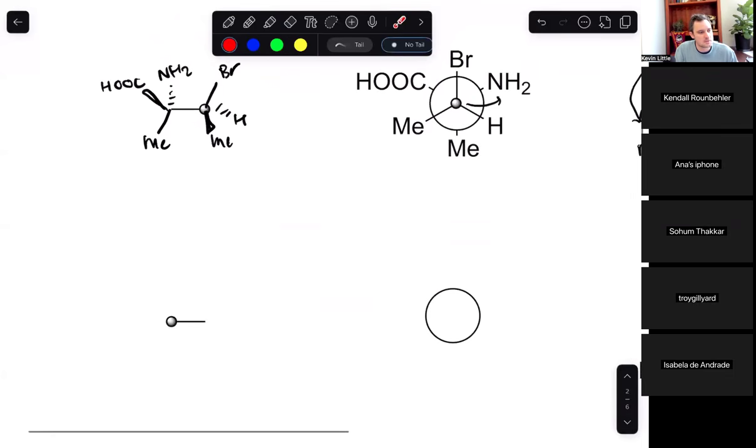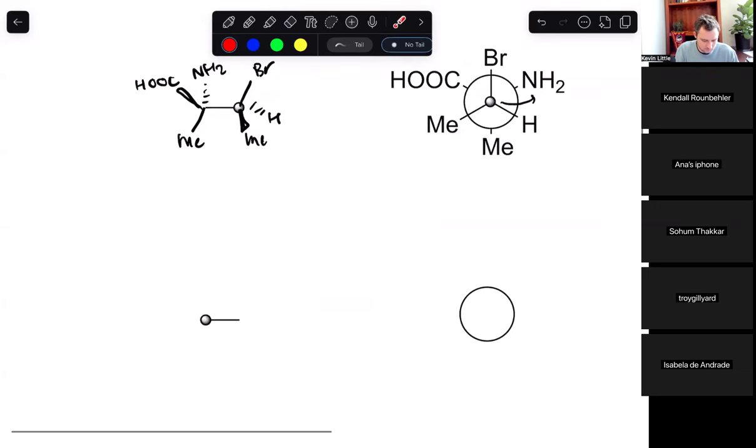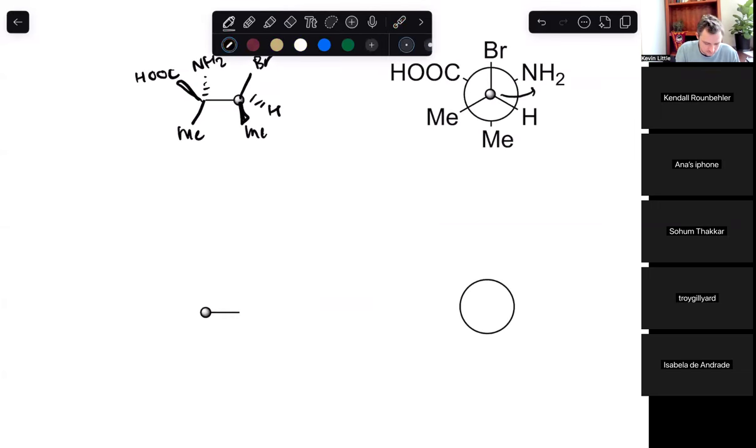For wedge dash structures, does it matter where you place the wedge? Yes. I've talked about this before, but it's good to go over. The only thing that matters is that the wedge and the dash are together. So that's fine.